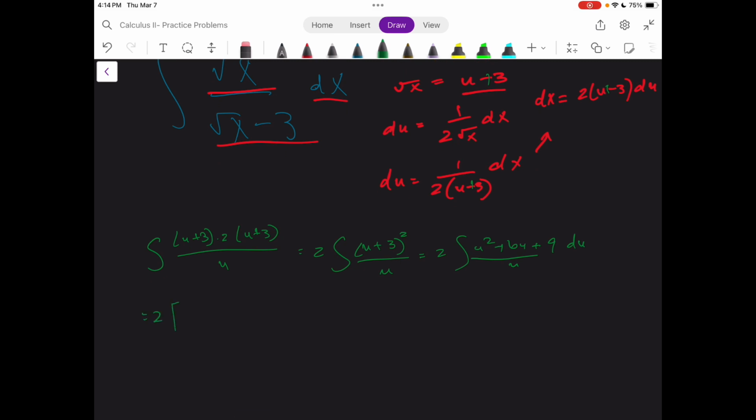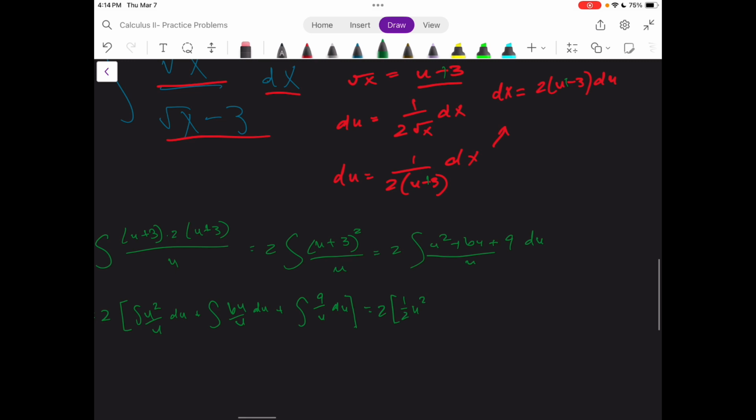We can split it up into 3 integrals: the integral of u squared over u du, and the integral of 6u over u du, and the integral of 9 over u du. It's equal to 2 times the integral of u squared over u, which is just the integral of u, which is 1/2 u squared.